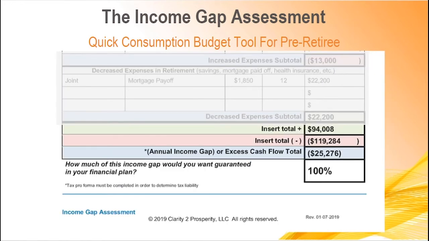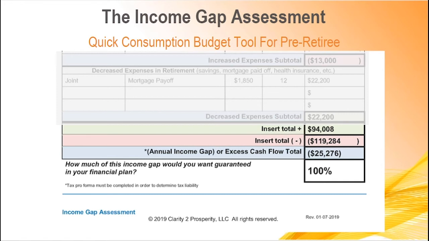Now, the bottom section of the income gap tool basically subtotals the debits and the credits. So what you're going to do is insert the total of anything highlighted in green. The things highlighted in green would be the decreased expenses in retirement, and the income added in retirement through Social Security or pensions.